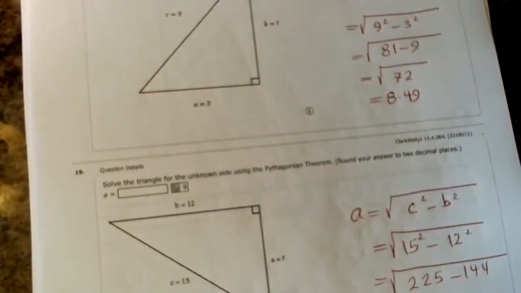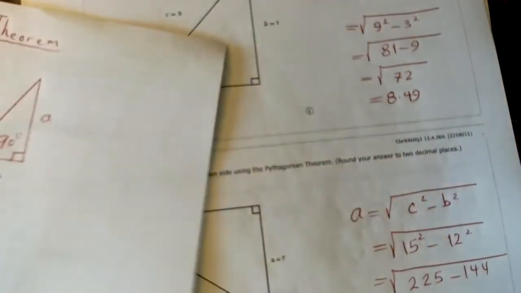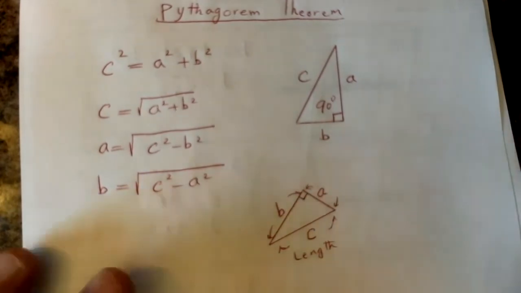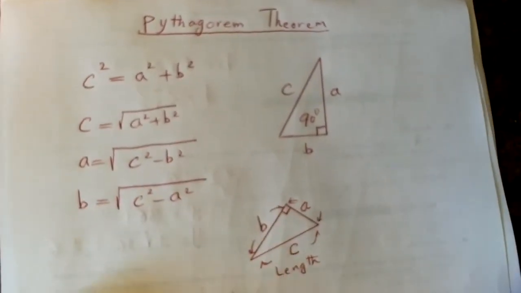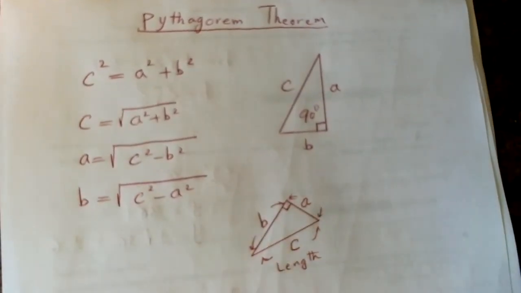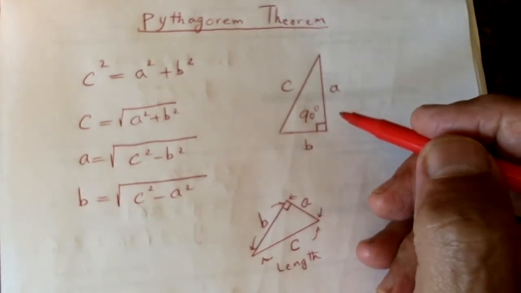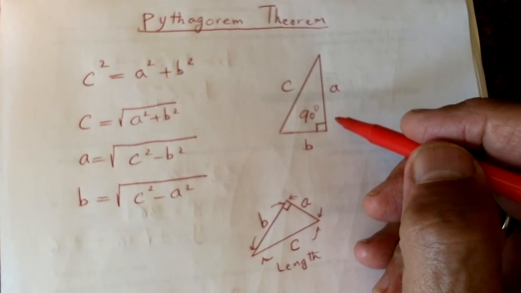Next is another formula, we call it the Pythagorean theorem. What is the Pythagorean theorem? If you have a 90-degree triangle, this is in geometry.